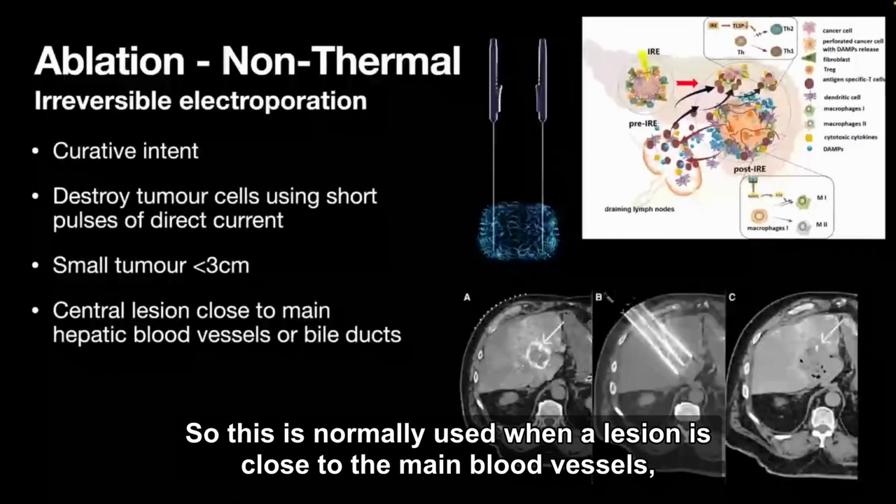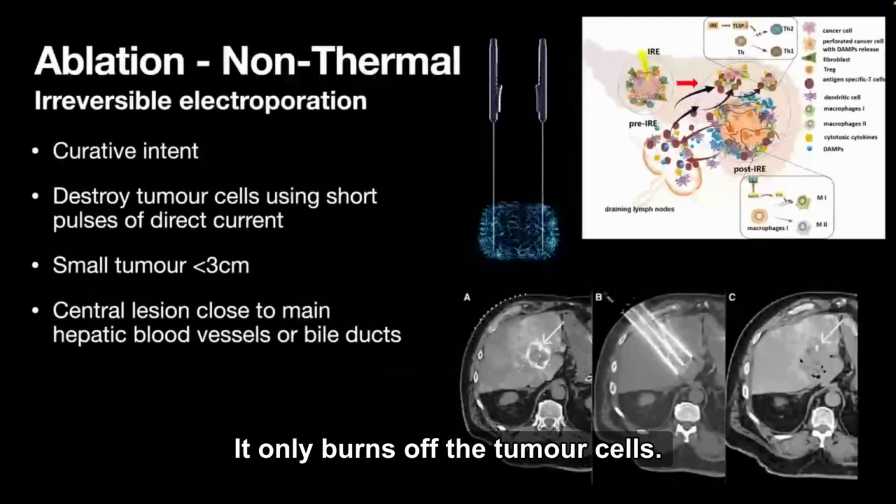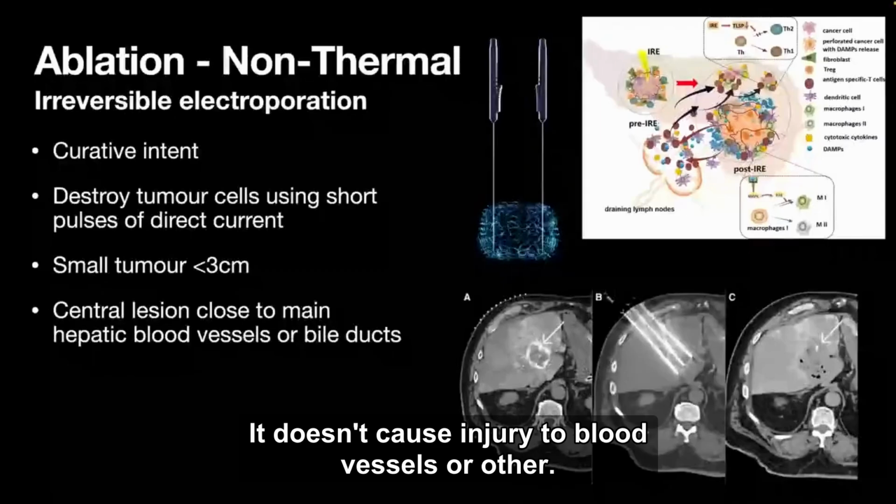So this is normally used when a lesion is close to the main blood vessels, because this does not cause any thermal injury. It only burns off the tumor cells. It doesn't cause injury to blood vessels or ducts.